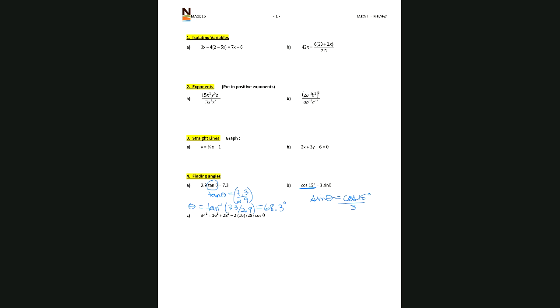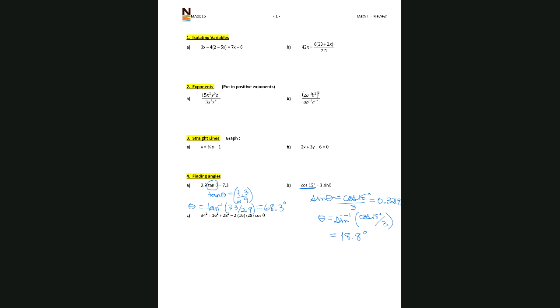Divide that by 3. You have 0.32197 and so on. So try to keep all that on your calculator. This is the arc sine, or if you can do this on the calculator, that's even more accurate. And the angle is about 18.8 degrees.